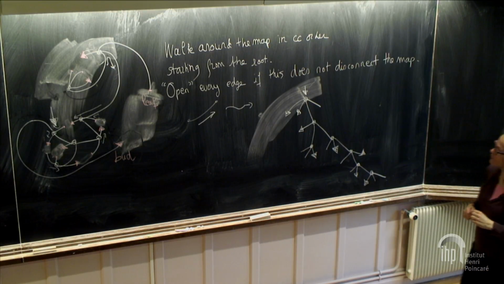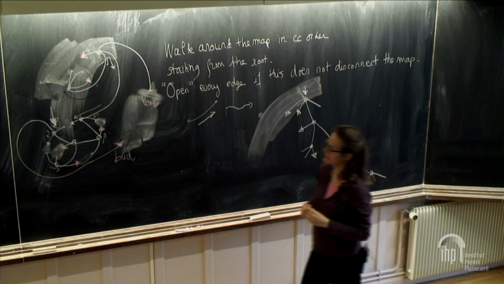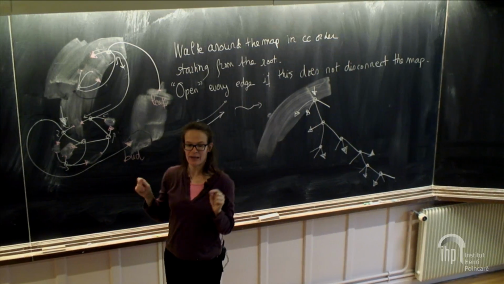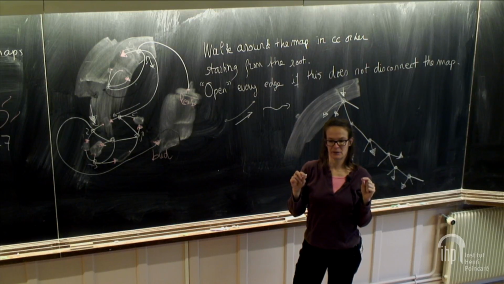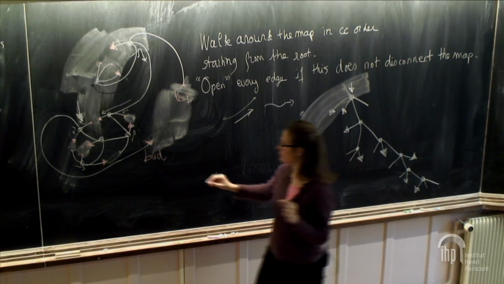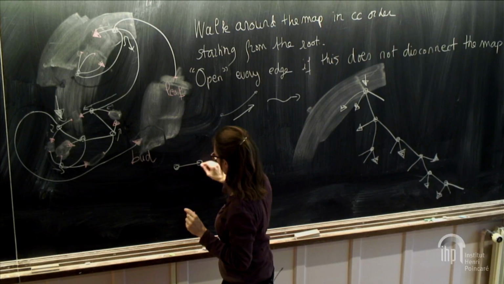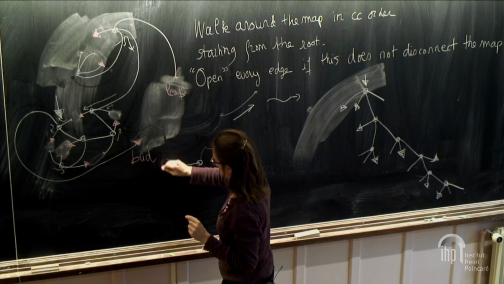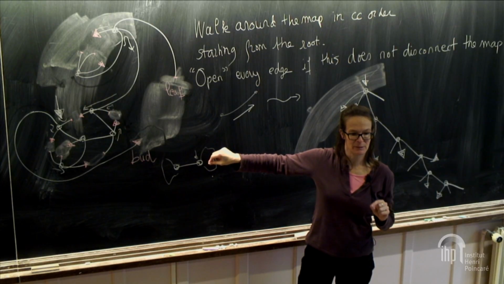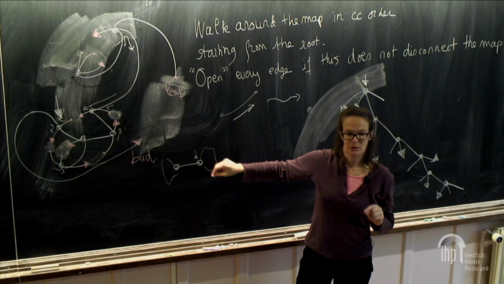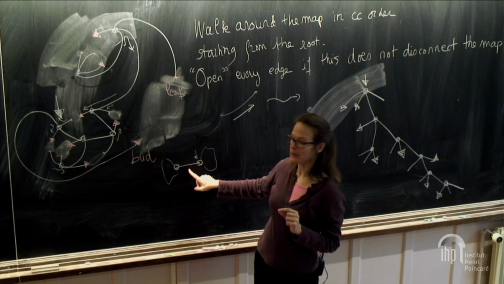And maybe one remark is that in a four-valent map, you cannot have an isthmus. You cannot have a bridge. If you count the parity of the degrees, in particular, the root edge can never be a bridge, which means that it will always be open.